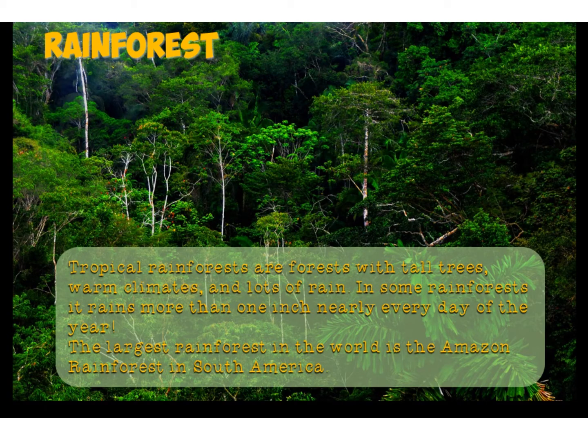Say rainforest. A rainforest is another type of habitat. Now this one's a little bit different than a forest. Let me tell you why. A tropical rainforest, they're forests, but they have much taller trees and they're pretty warm inside, and a lot of rain comes by in tropical rainforests.